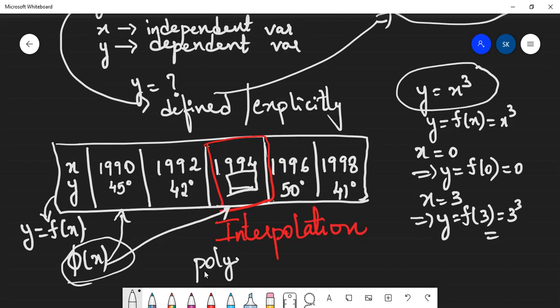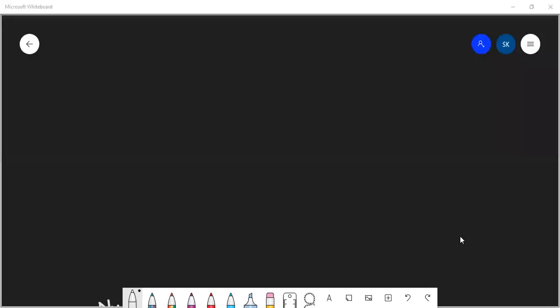So you understood what interpolation is, right? And also what polynomial interpolation is.